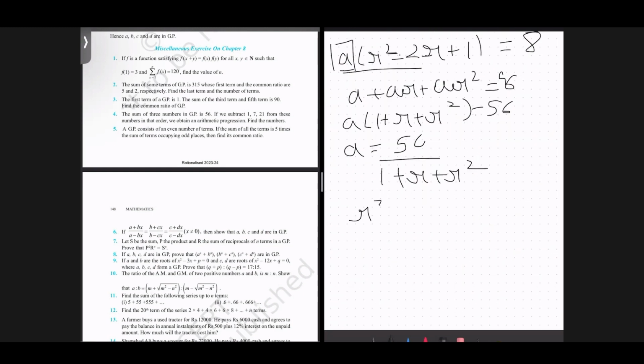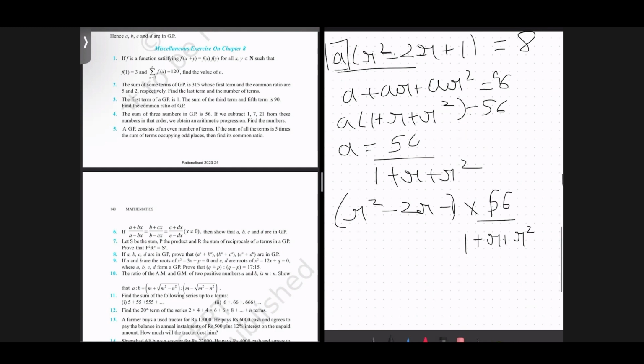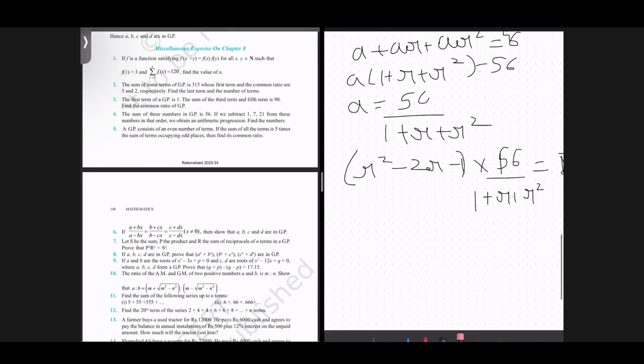You get r square minus 2r minus 1 into 1 upon 1 plus r plus r square, into 56, equals 8, right? So what you now have is 56 times r square minus 2r minus 1 equals 8 times 1 plus r plus r square.